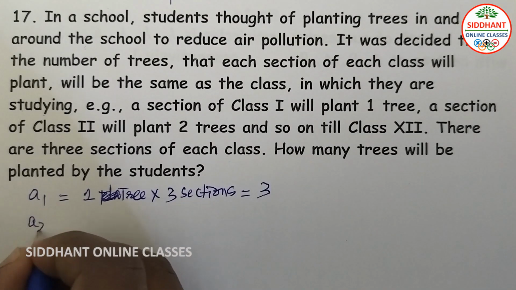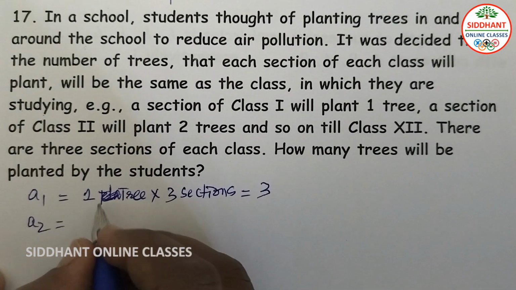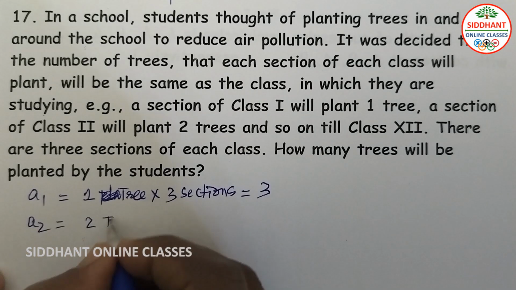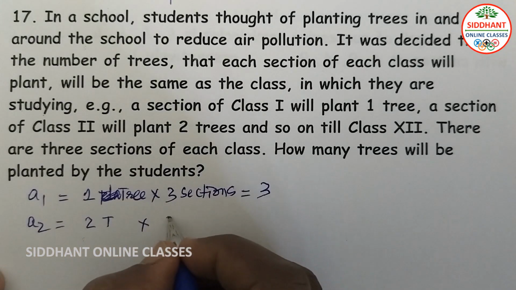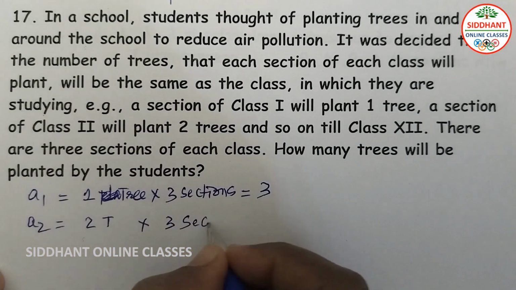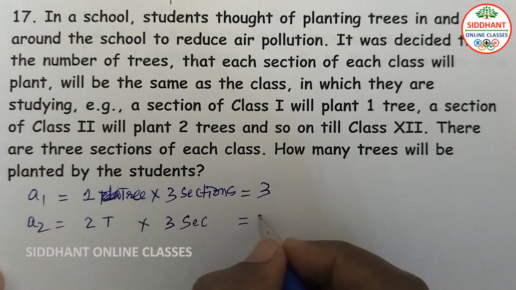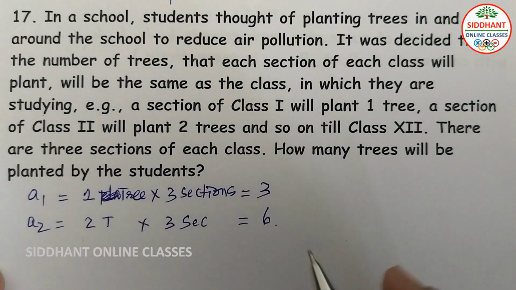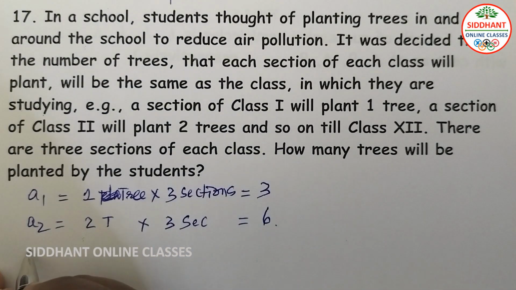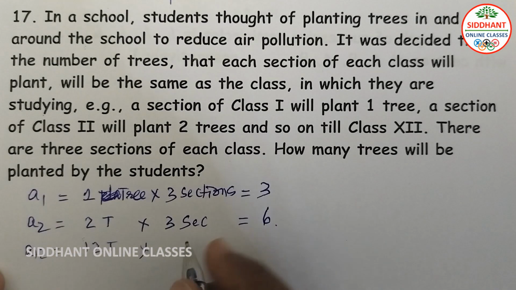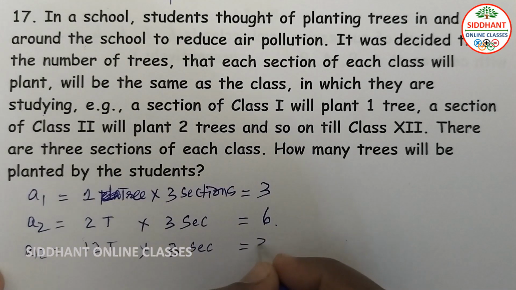Now A2, when you are going to say, they will plant 2 trees and they are having 3 sections here, so that will be 2 into 3, which will be 6 here. So 3, 6, A3 same, and A12 when you are going to say, A12 up to A12 means here 12 trees into here 3 sections, that will be 36 here.